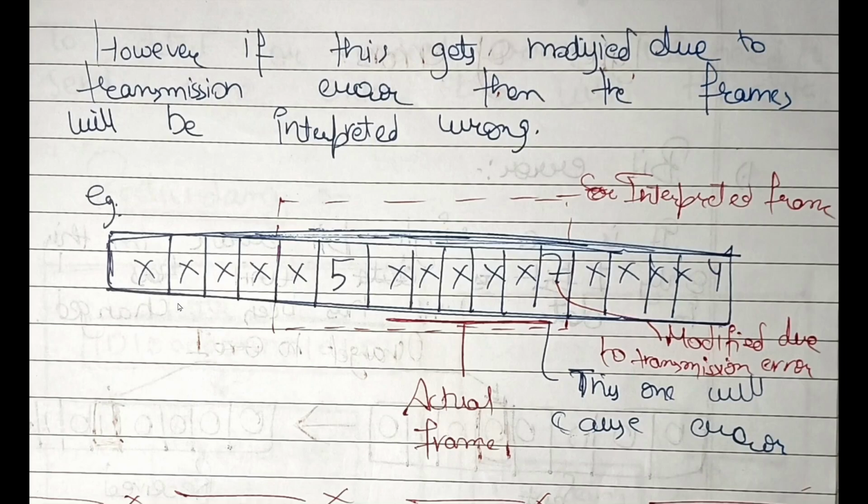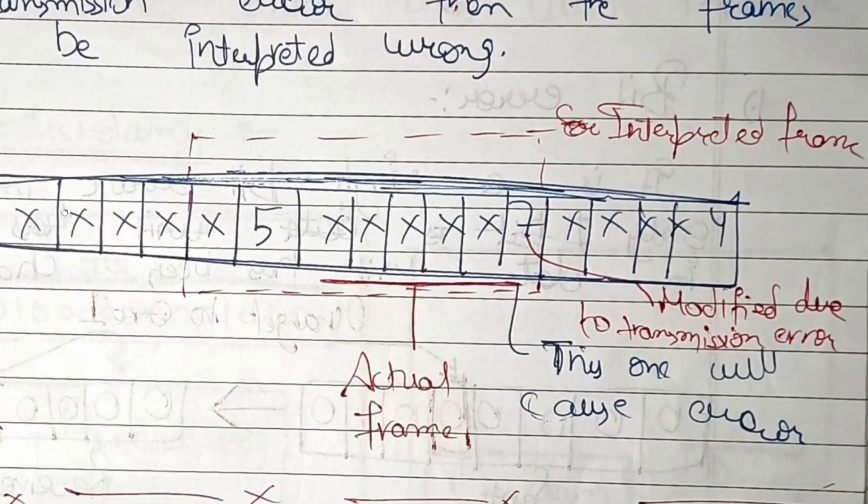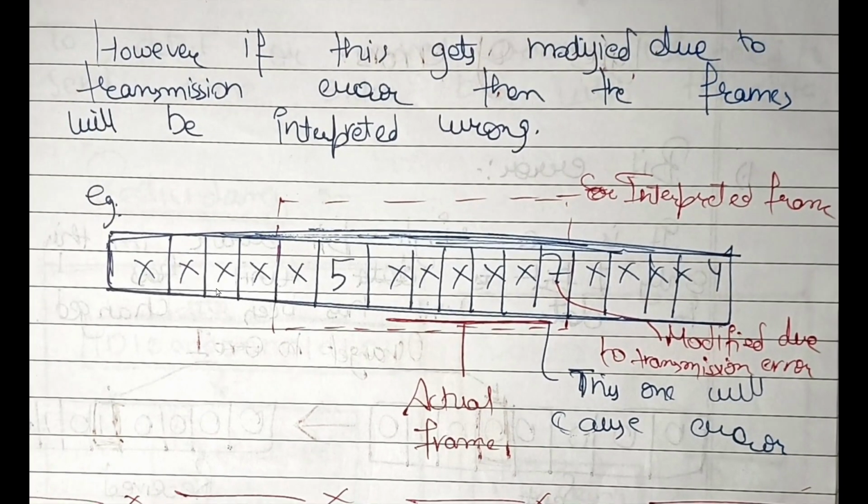You can look at an example here. It is written over here, modified: this 7 is modified due to transmission error. So this 4, written over here as 4, so 1 2 3 4 will constitute a frame. Then there was actually 5 over here, look at it, 1 2 3 4 5. However, due to transmission error, this 5 got modified into 7.